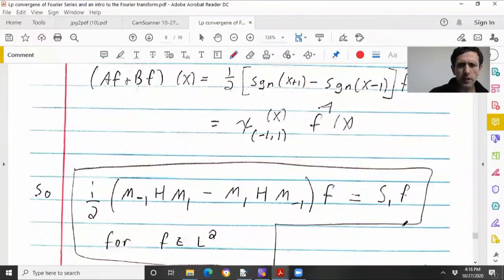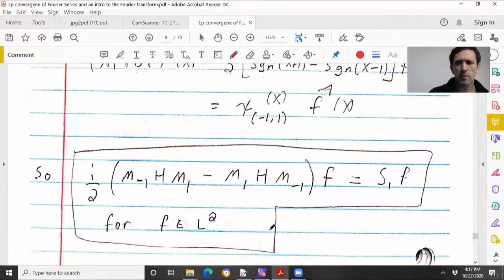So certainly, if f is a Schwartz function so that this holds, then certainly the L^p norm of S_1 f is going to be less than or equal to the L^p norm of Hf. Or rather, sorry, maybe I'll do it like this.